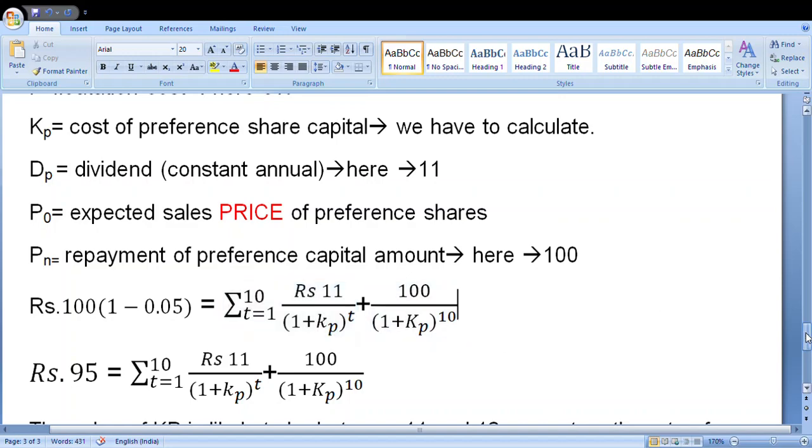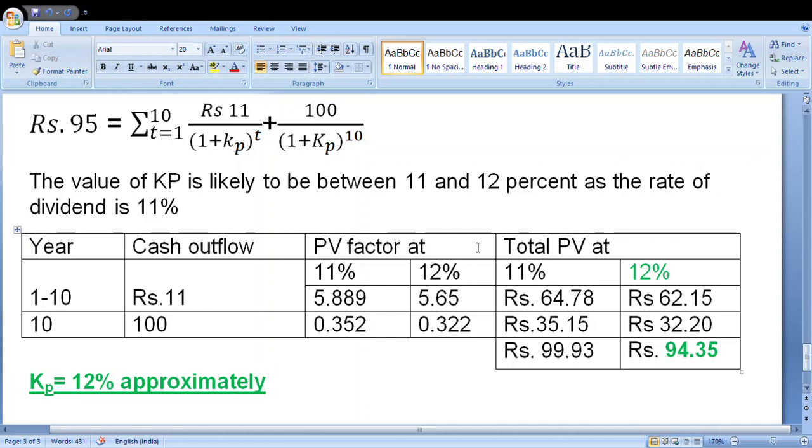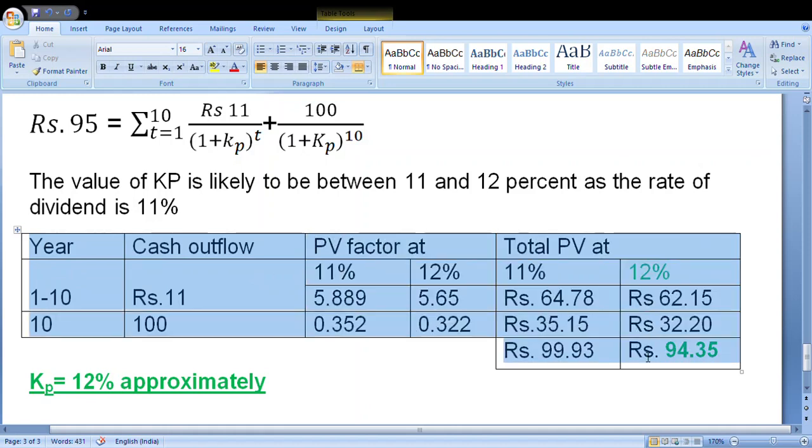Instead of doing all these cumbersome calculations, what I've done is I've simplified the results in a table format like this. I have considered 11% and 12% rates because the dividend itself was 11%, and of course the cost will also be around 11%.